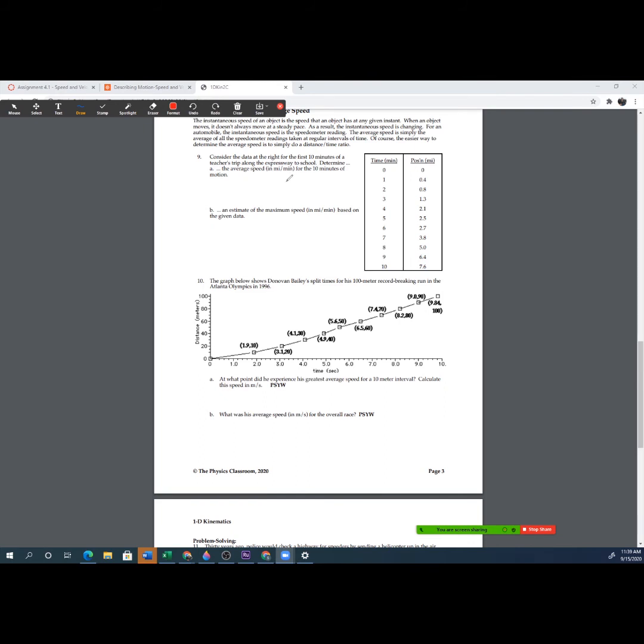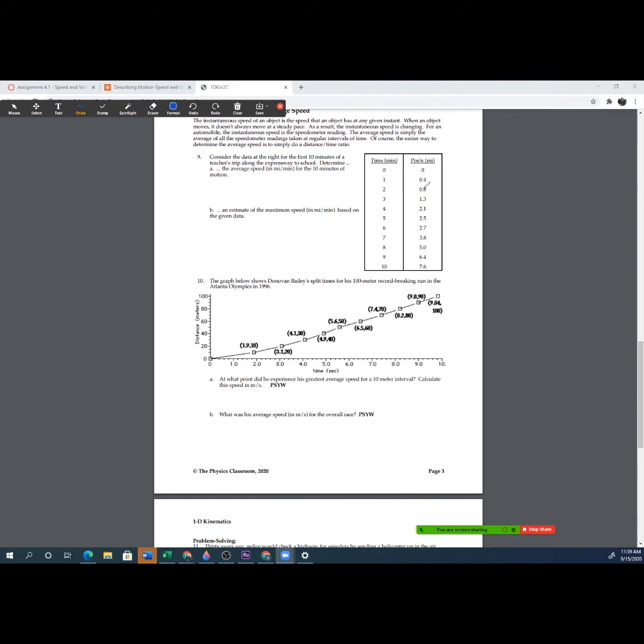Alright, so in our first example, we have somebody that is, I don't remember if they're running a race or just going for a run, I don't know. Oh, let's see, it says the first 10 minutes of a teacher's trip along the expressway to school. So, in this example, we are given our data as a table where we're told at 0 minutes they haven't moved yet. After a minute, they've gone 0.4 miles.